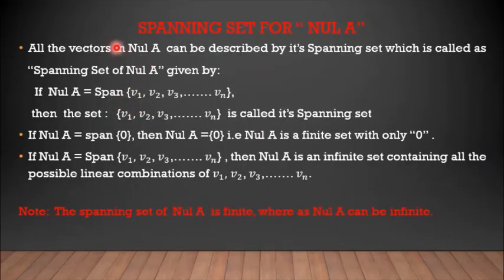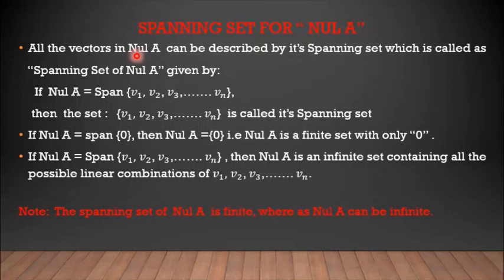Till now we checked, when a vector is given, how that vector can be in the null space. Now we have another concept, the spanning set for null A. What does it mean? All the vectors in null A can be described by a spanning set, which is called the spanning set of the null space of A. We were checking whether a given vector belongs to null A or not.